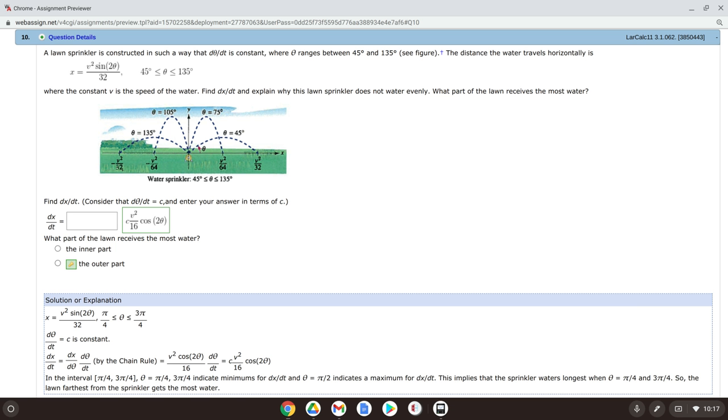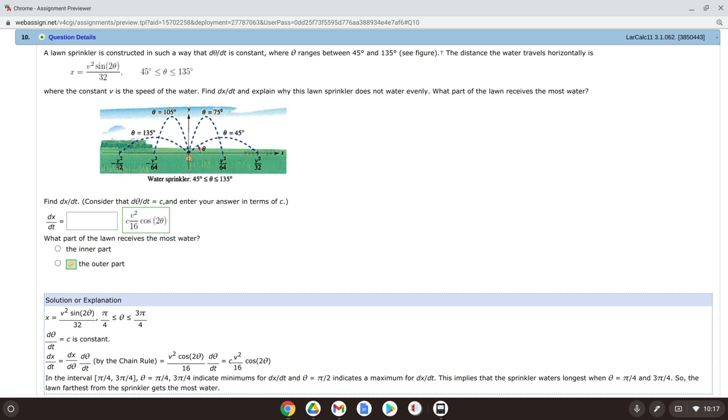So what is the derivative of the sine of 2 theta? Carson, what's the derivative of sine of 2 theta? 2 cosine. So it's cosine of 2 theta times the derivative of 2 theta, which is 2. Good. But then, since we're taking the derivative with respect to t, we need to multiply by d theta dt.